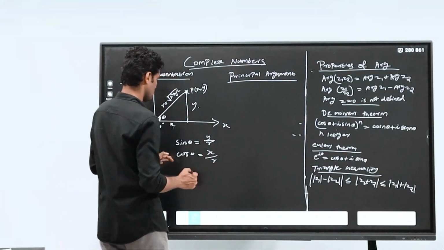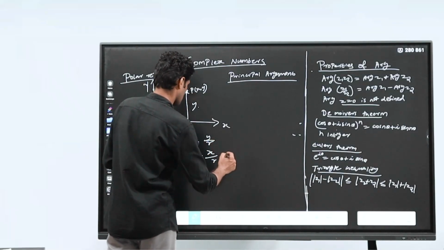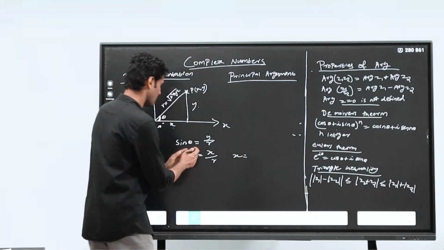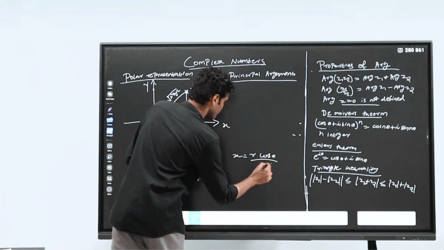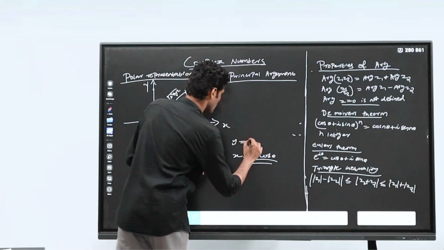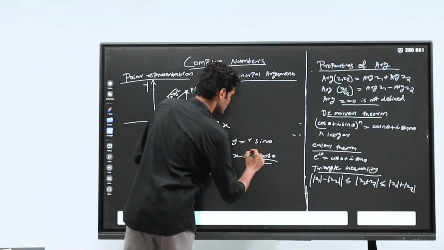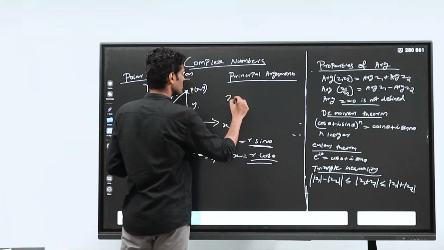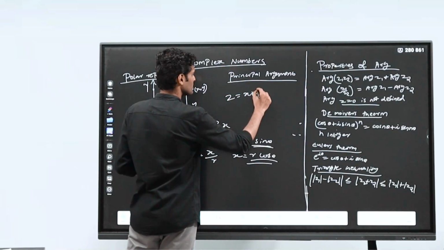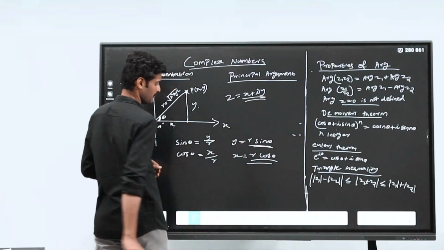So from here we can calculate x equal to r cos theta, and y equal to r sine theta. Okay, for a complex number, we know that z equal to x plus iy.